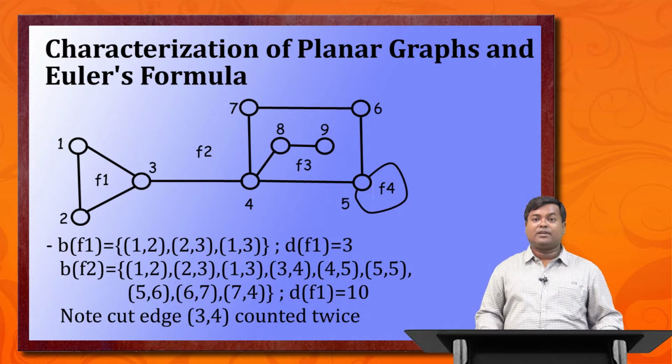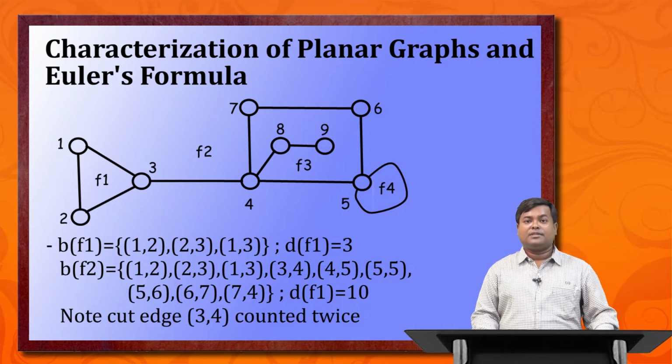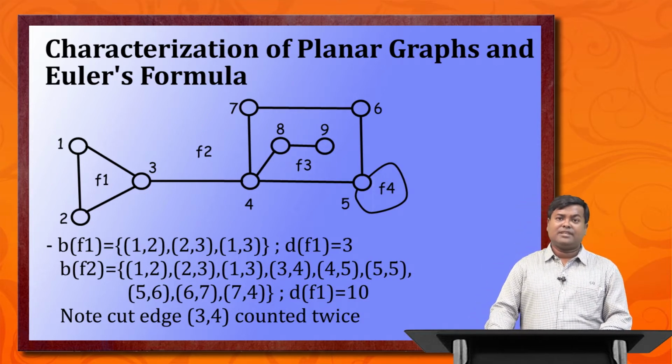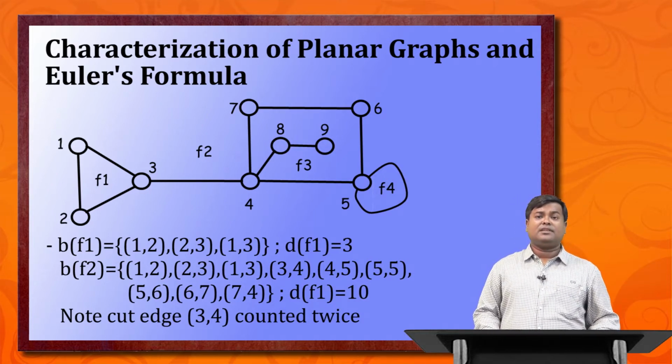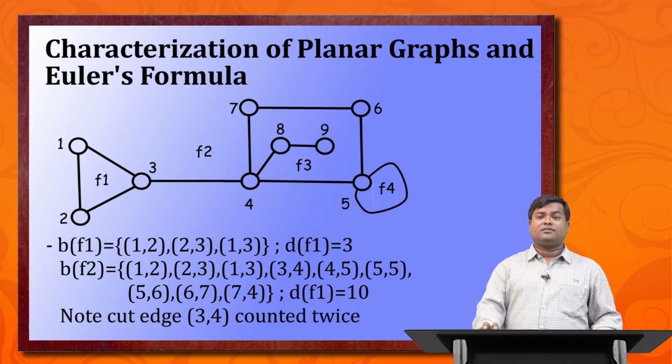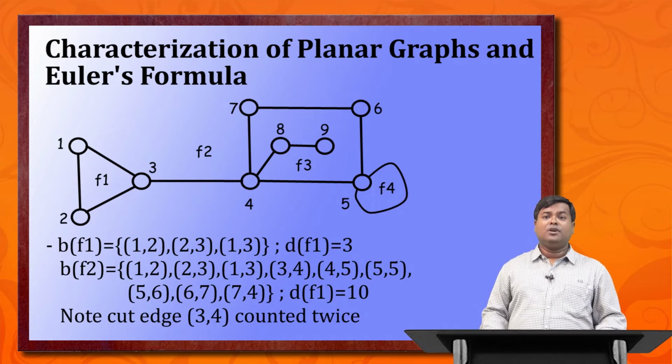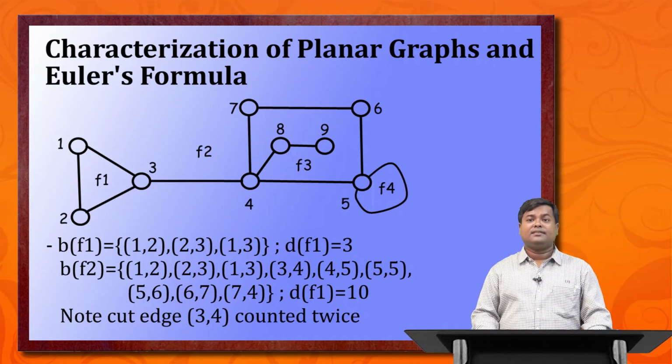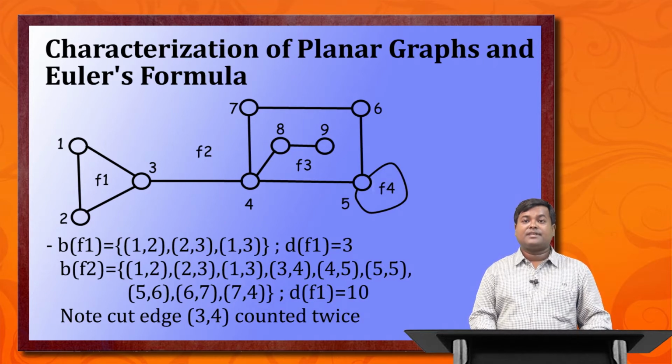Now let's come to the face F2. This is a little bit more complex. Identifying the boundary of F2 is easier, because we just need to find the edges inside that boundary. The edges are 1-2, 2-3, 1-3, 3-4, 4-5, 5-5, 5-6, 6-7 and 7-4.